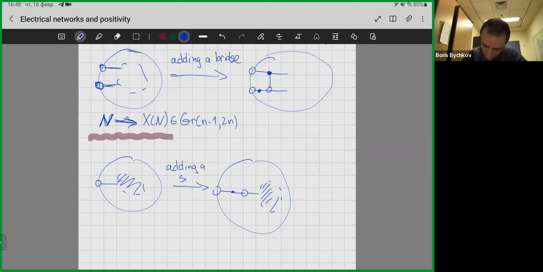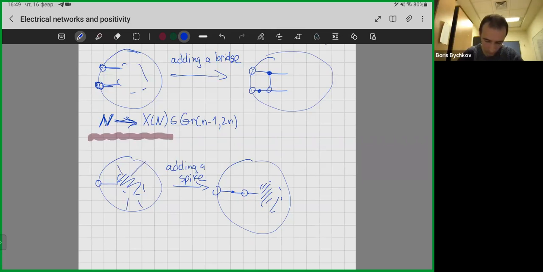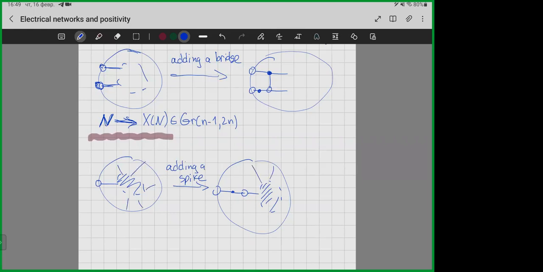In general, can the internal part have other prongs pointing to the circle? Yes, they are preserved.